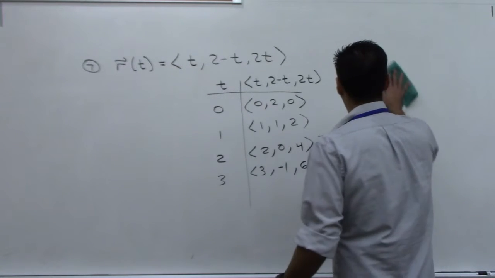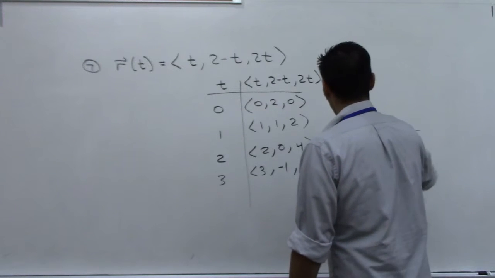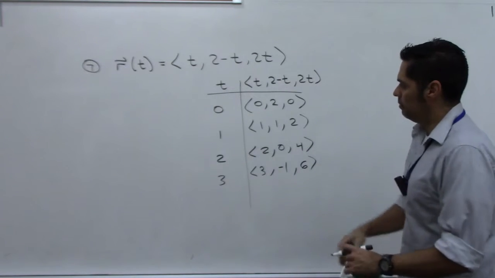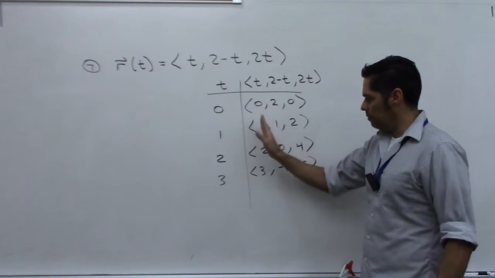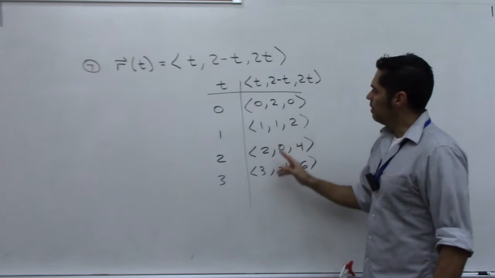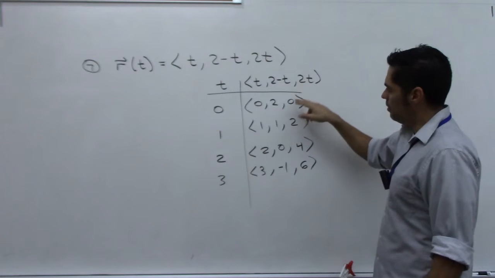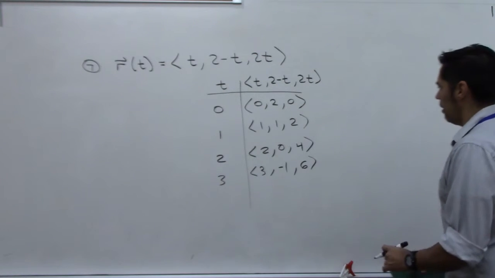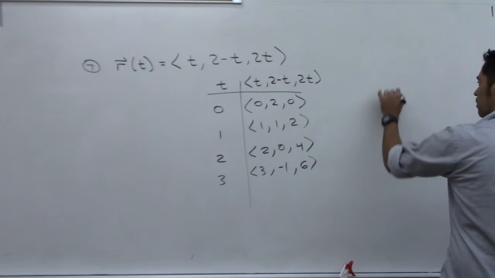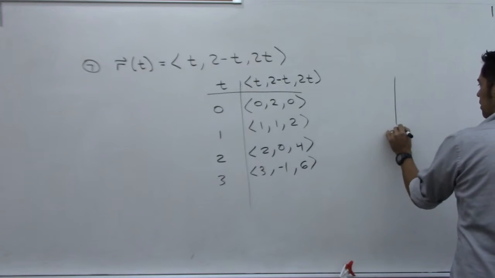And then I can keep going. So what's happening here is that the x component is just growing by 1 each time. The y component is growing by 1 each time, but it starts at 2. And then the z component is doubling every time. So how in the world do we draw that? It's going to be tricky.